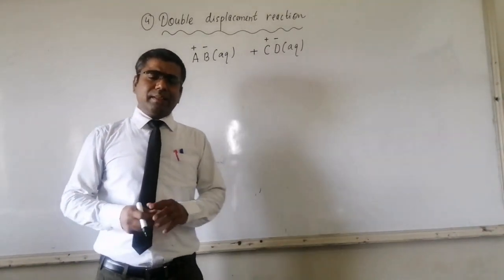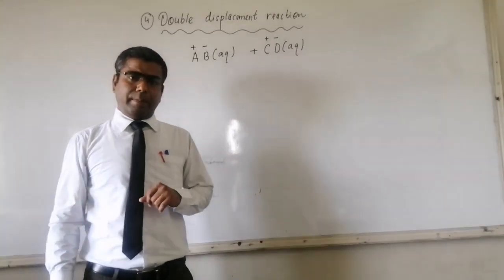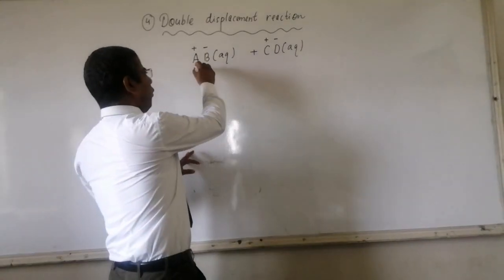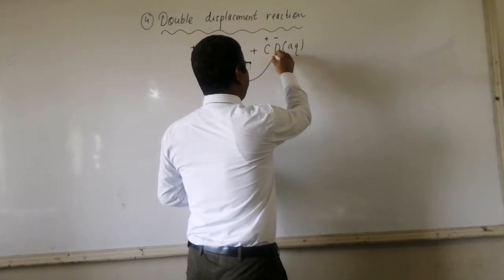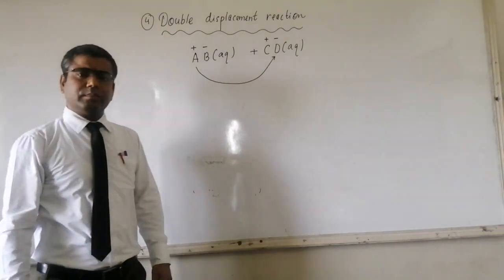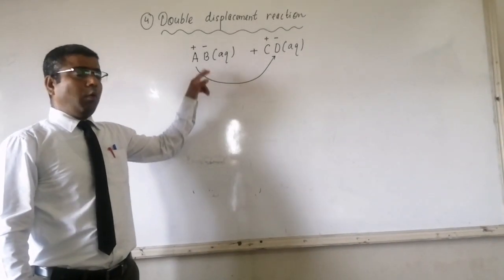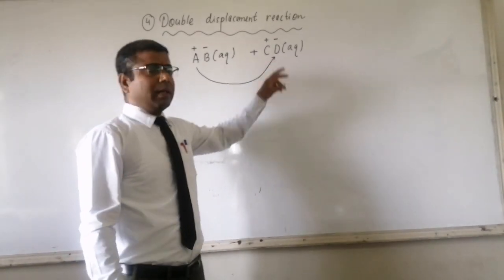So when we mix the solutions of two ionic compounds, then what will happen? Cation of first compound will combine with anion of second compound.